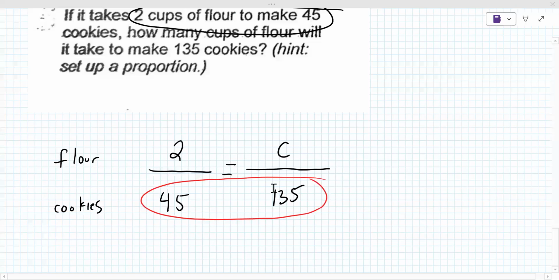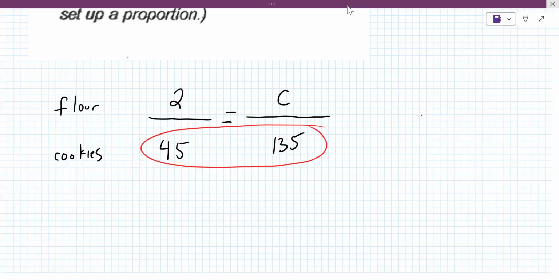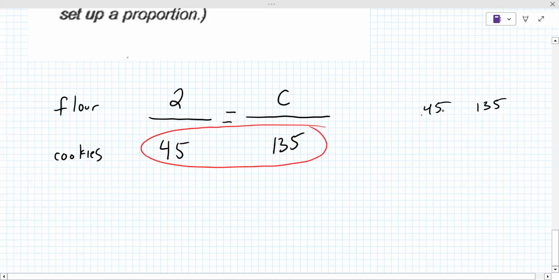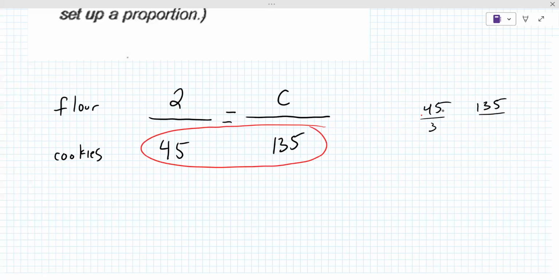Yeah, so the 135. The best way would be to do a factor ladder, but we know that, for example, you can try 3. They're both divisible by 3. So it's 15, and then this becomes 45. And then if 3 worked, you're like, well, maybe I'll try it again. It becomes 5 and 15.